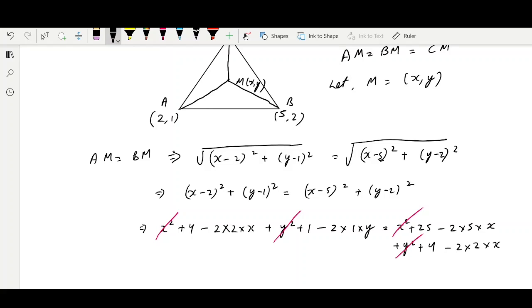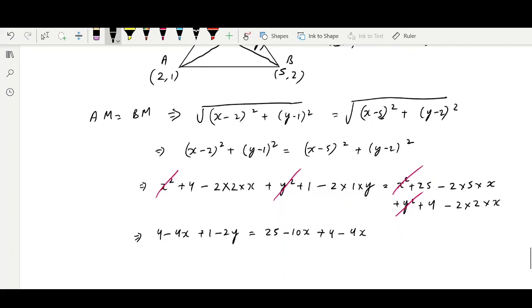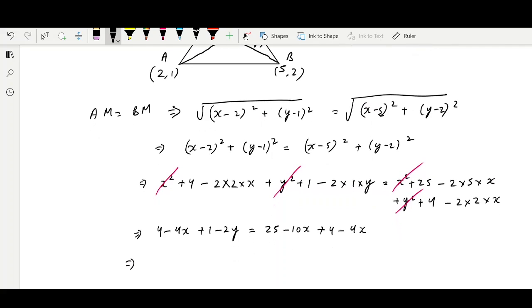Now we are left with 4 minus 4x plus 1 minus 2y equal to 25 minus 10x plus 4 minus 4y.